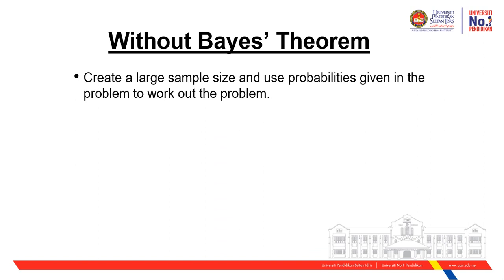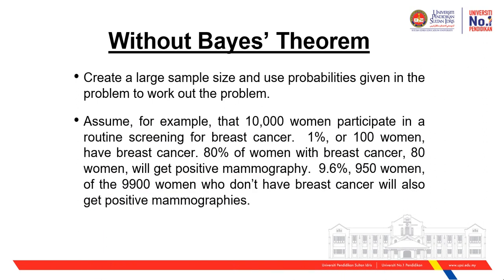So in order to solve this without Bayes theorem, we basically need to create a large sample size, and use the percentages given in the question to work out the problem, because we don't have data but we have percentages. So for this case, we assume, for example, that 10,000 women participate in a routine screening for breast cancer, in which 1% of these 10,000 women have breast cancer. 1% of 10,000 is 100.